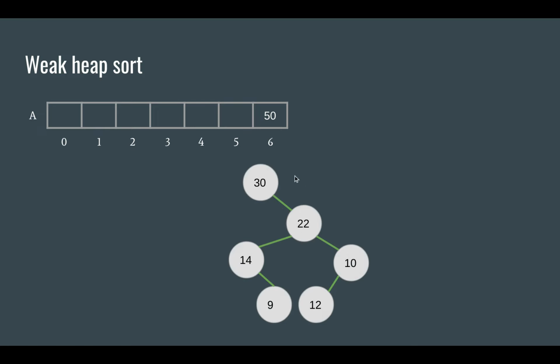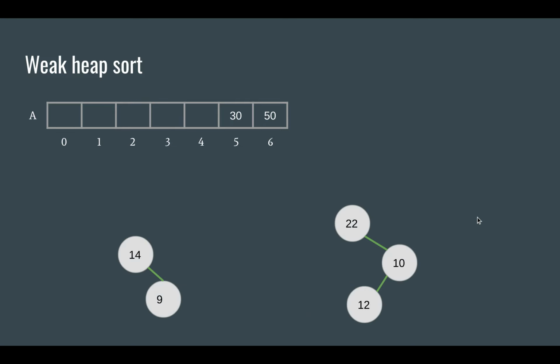Now we will repeat the process again. Here the root is 30, and we will put this 30 in the second last position, the last available position, which is index 5. Then we will break this bond and make two different trees, and then we will merge these two trees together.